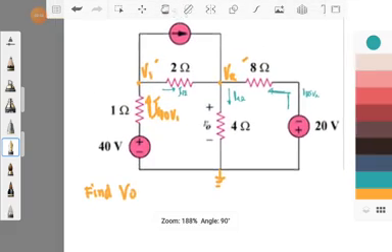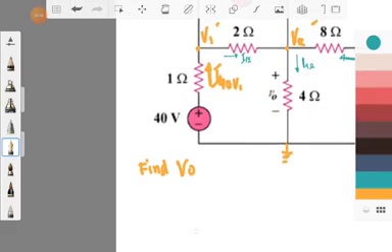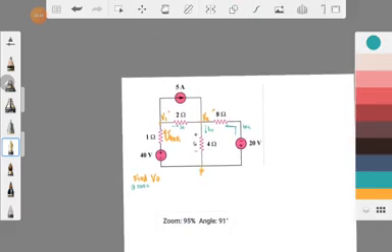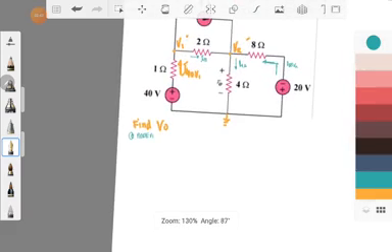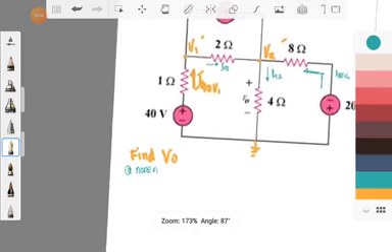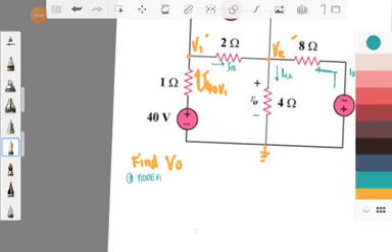So let's get the currents entering your V1. At node V1, what are the currents entering your node V1? So we have our I40 to V1, I41. It is entering, so therefore it is positive.